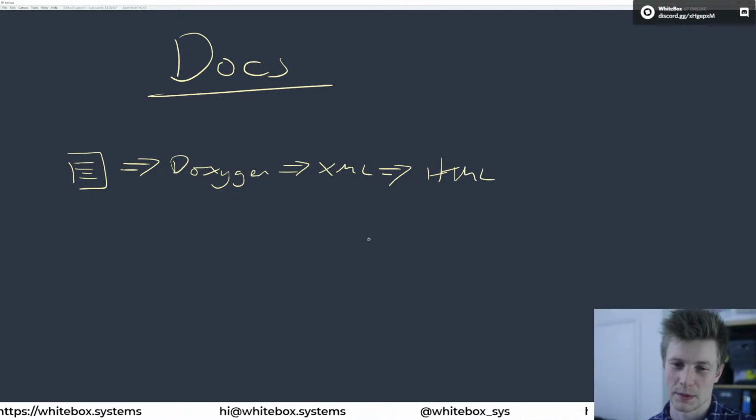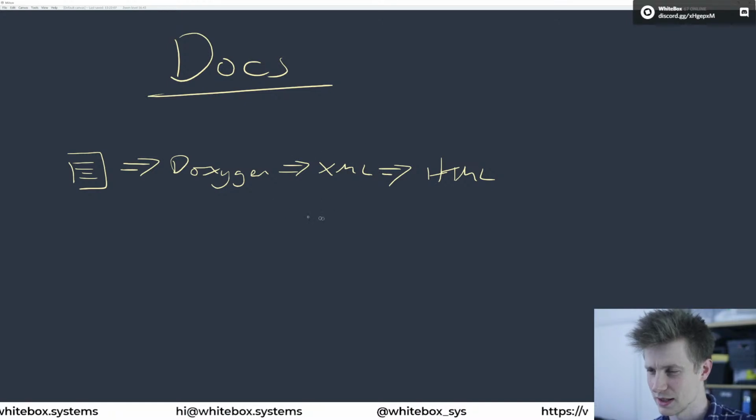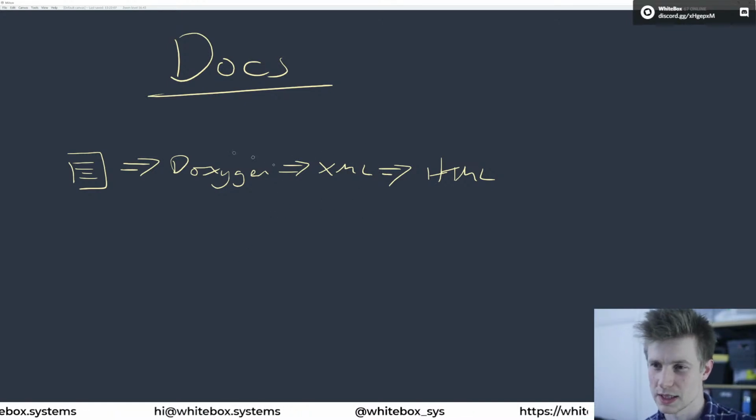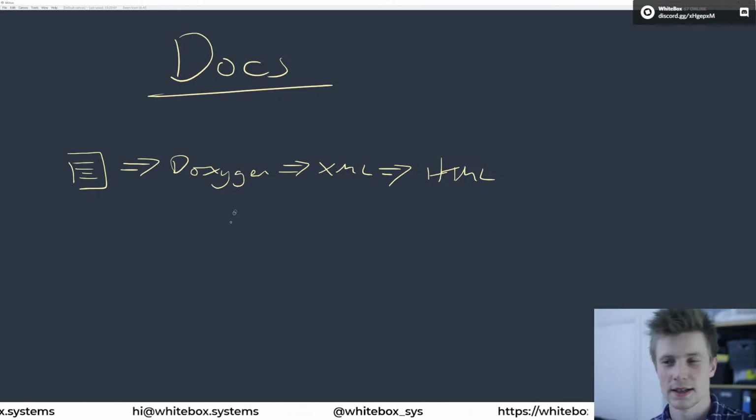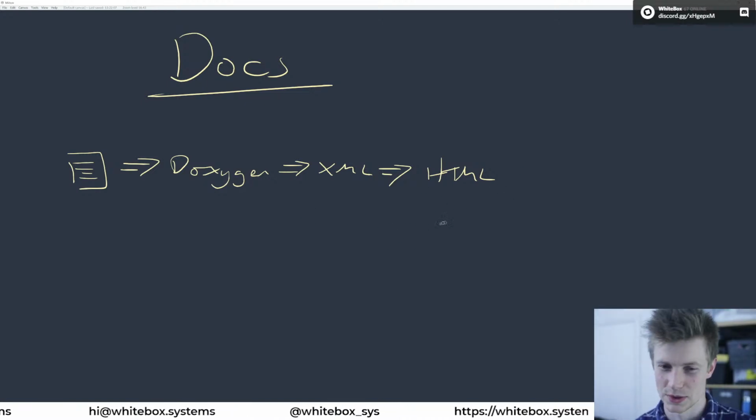This is okay in some ways. The XML isn't great. You need to use Doxygen's particular format, which is kind of ugly. And the generated HTML is also not great.